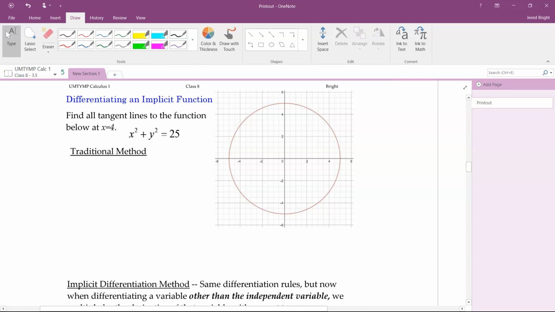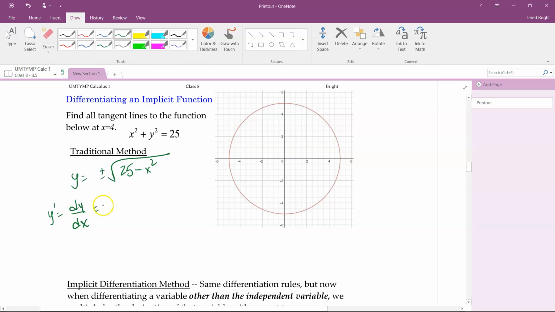To do this traditionally, what we would have to do is isolate y, and we can do that. Move the x squared to the other side, square root both sides, and since we introduced a square root, we need to include a plus and minus. Then we can certainly find the derivative, dy/dx. I'm going to use that instead of y prime. Either one is equivalent.